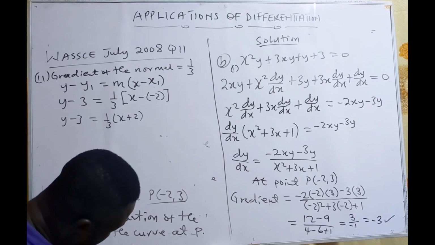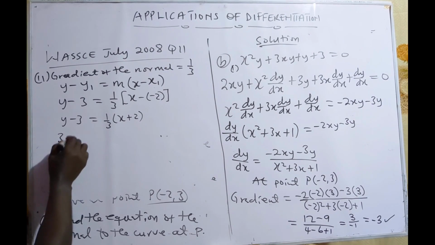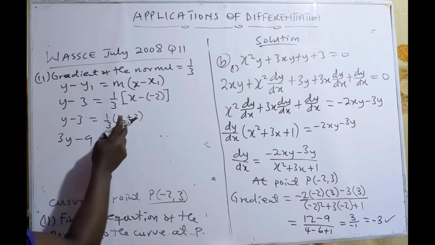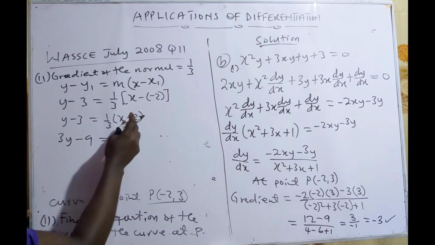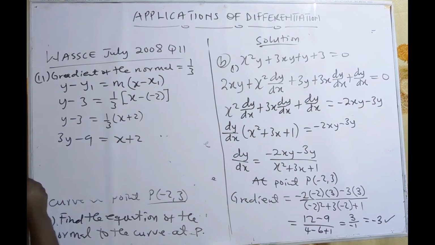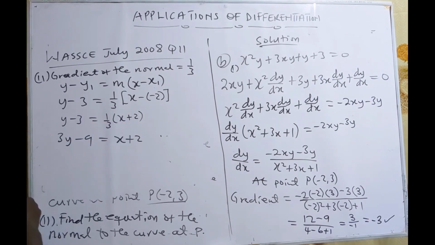Alright. Then what we have to do now is to multiply through by 3. 3 times y to be 3y. 3 times -3 equal to -9, 1 times x will be x. 1 times 2 is going to be 2. So 3 is going to multiply this and this. Then the numerator left with 1. Then 1 multiply x is x. 1 multiply 2 is 2. So the equation can be written as what? You can bring out everything equal to 0.